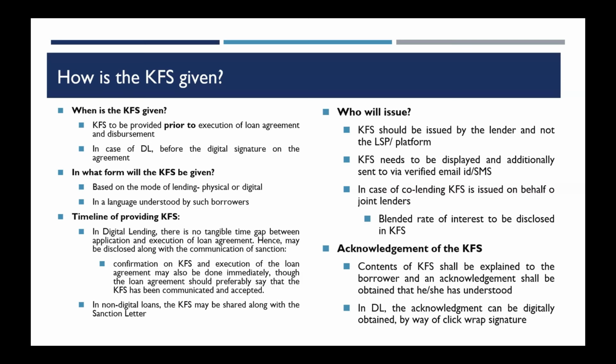So how do I write the name of a co-lender and the co-lender's rate of interest when the terms of the co-lending are not even known on the day of origination? What I would suggest is that since we already know the co-lending arrangements that we have with different co-lenders, say we have arrangements already in place with three different lenders, maybe we can give that indicative list of co-lenders.